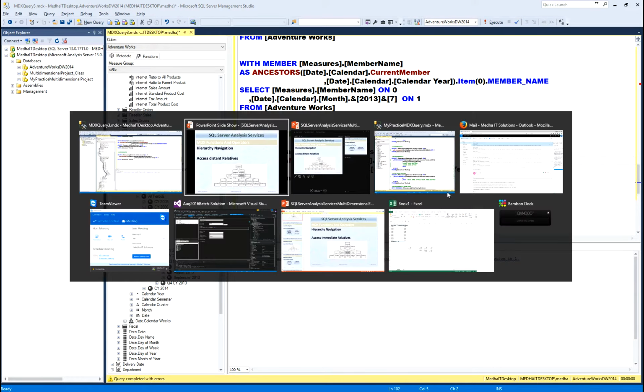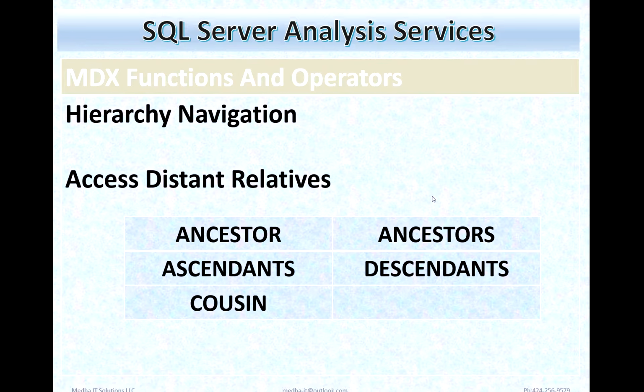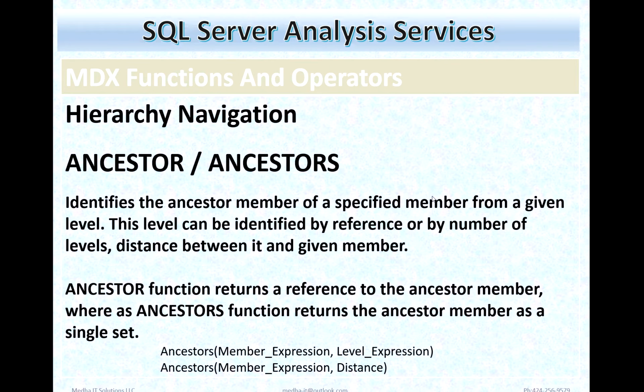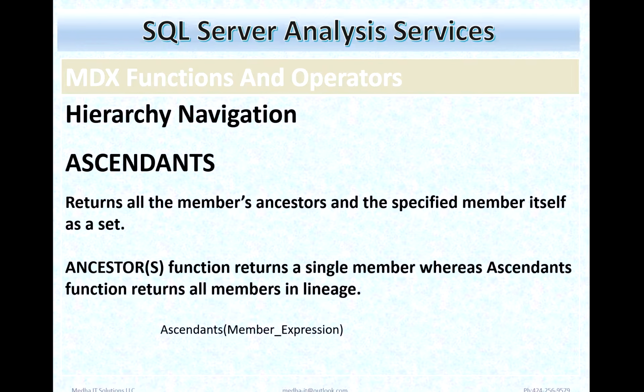I need to check the syntax. Okay, ascendants does not take a level, sorry, it is only for descendants. Okay. Ascendants takes only the current member.